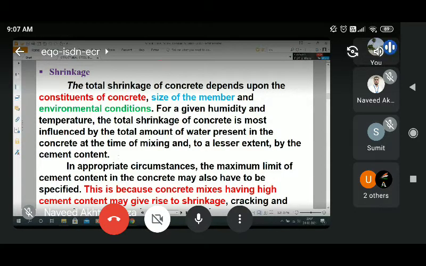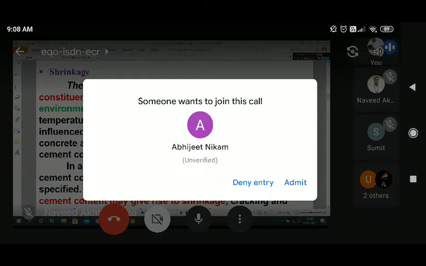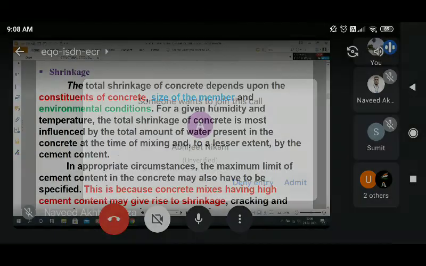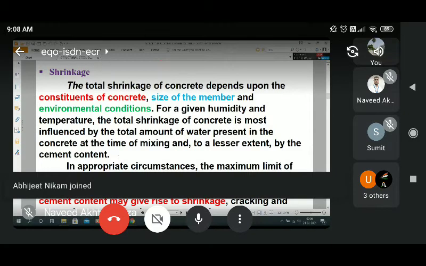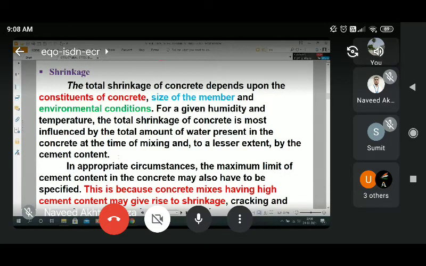The total shrinkage of concrete depends upon the constituent materials, aggregate, cement paste, water, the size of the member, and also the environmental conditions. Because in hot weather conditions, the evaporation losses are more as compared to cold weather concreting.